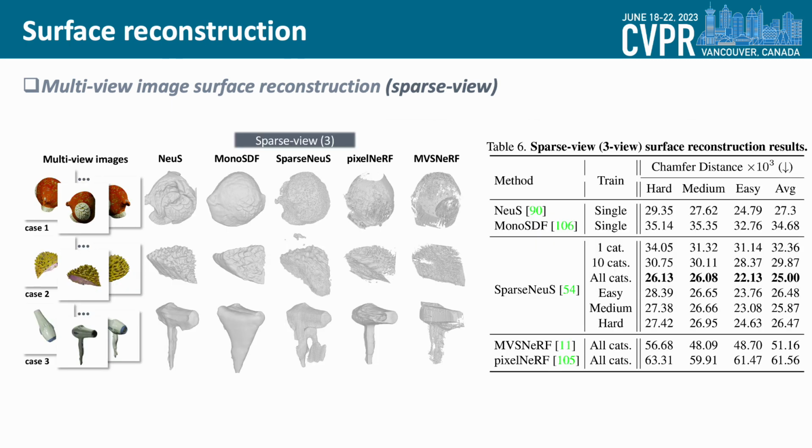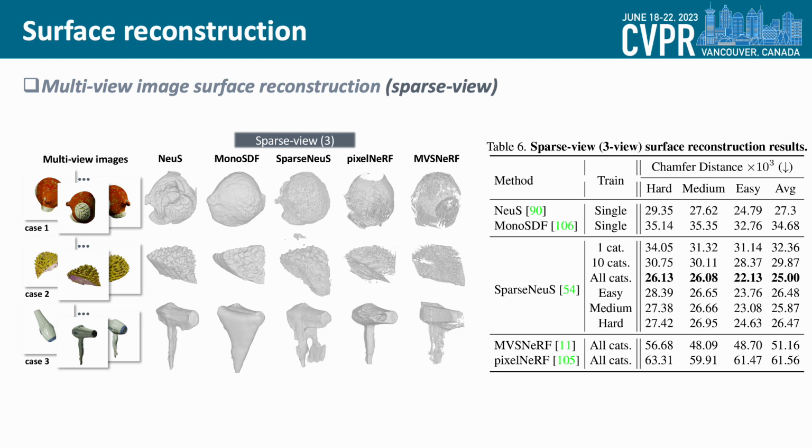Sparse view surface reconstruction is a particularly challenging task, and we observe significant artifacts in all of the reconstructed results. While SparseNeuS demonstrated the best quantitative performance on average, it still falls short of real-world applications. MonoSDF heavily relies on the quality of geometry estimation results, making it less robust in some scenarios.